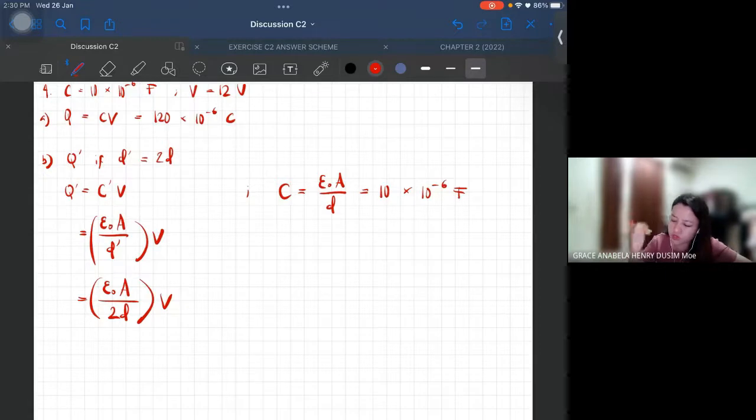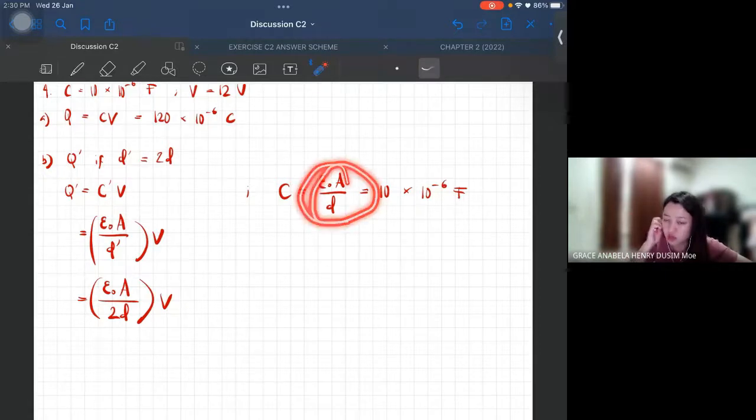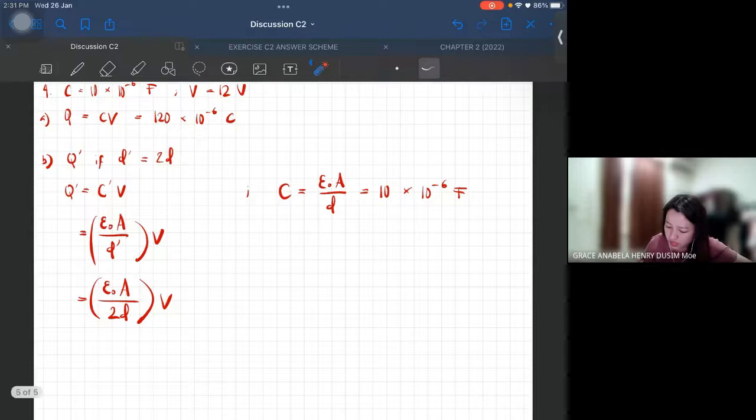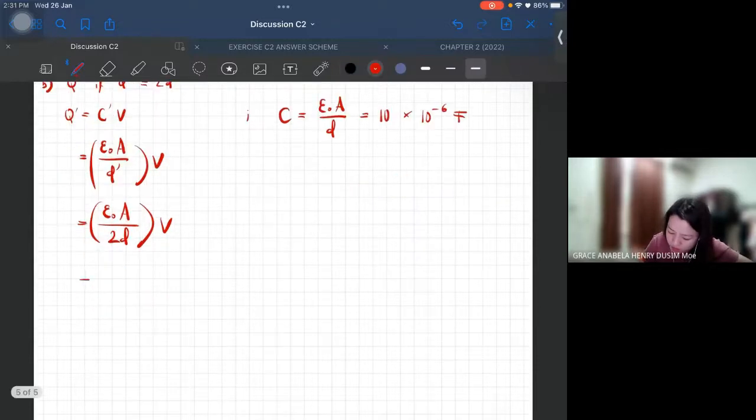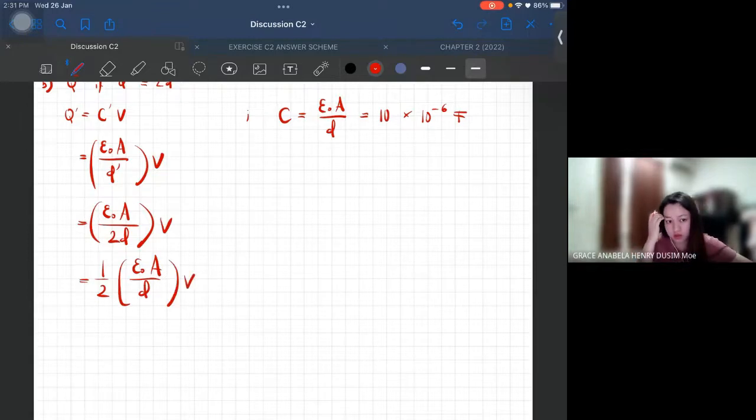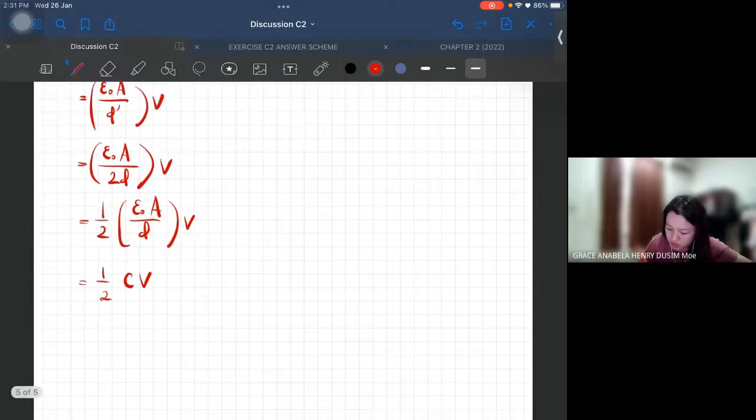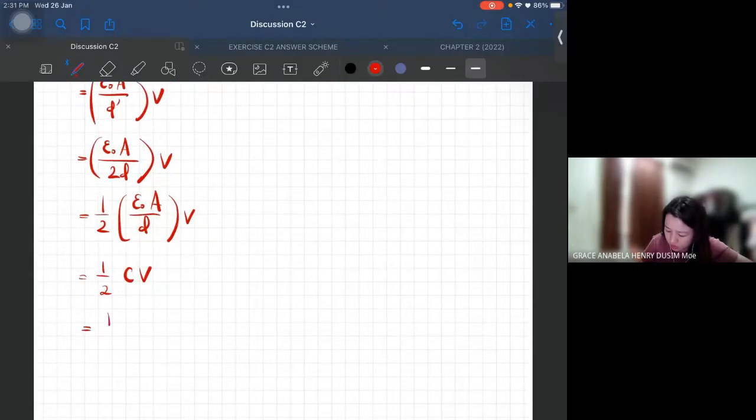We factorize 1 over 2 so that we are left with epsilon naught A over D times V. Why do I do that? Because this essentially gives us CV, which is 10 times 10 negative 6 times 12.